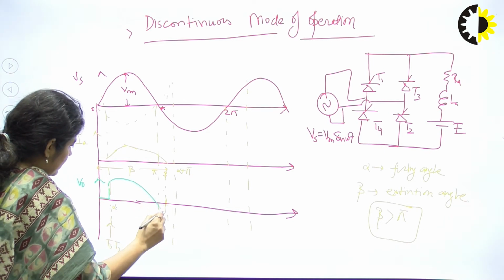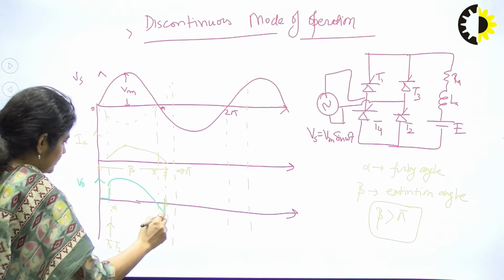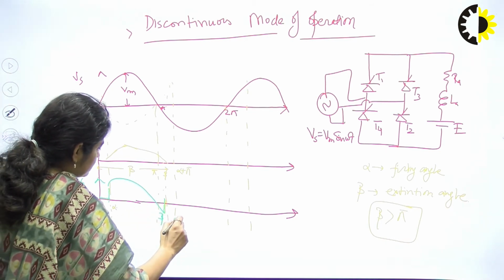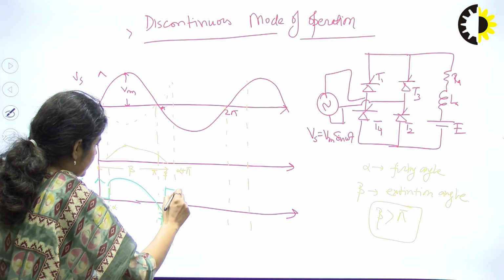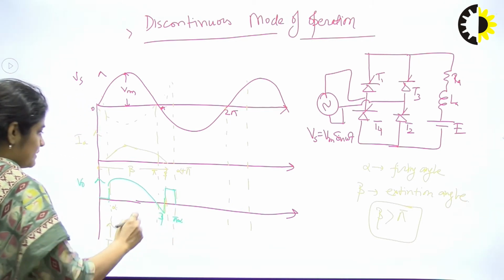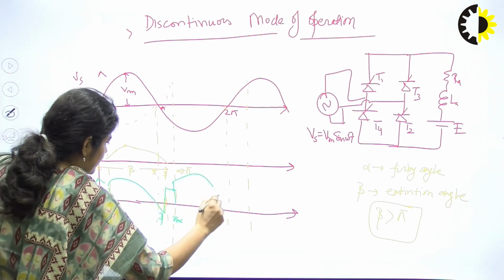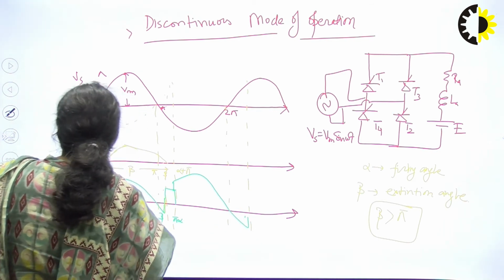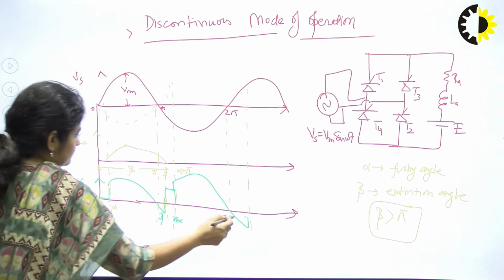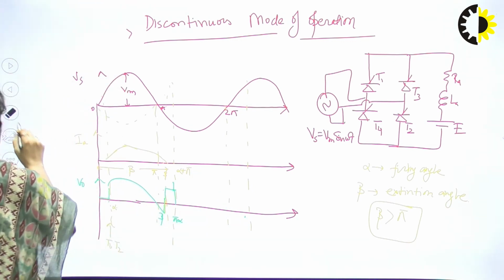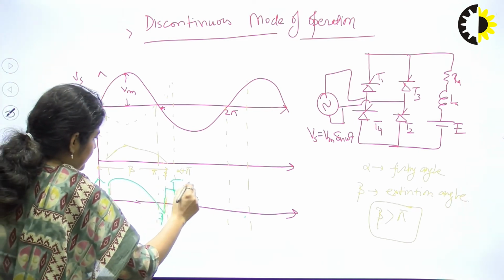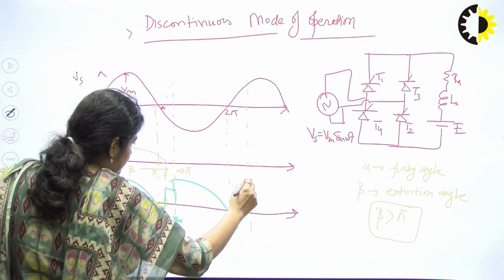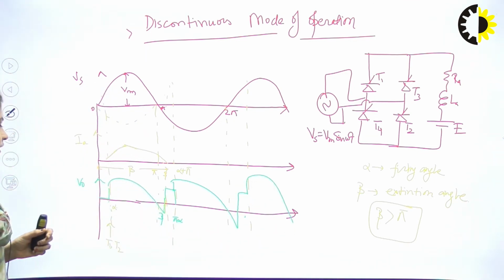So from alpha to beta, you are getting the same voltage Vs, and after beta to pi plus alpha, you are getting the voltage E. Then again the same cycle will start, you are getting this kind of voltage. Like this only, right?